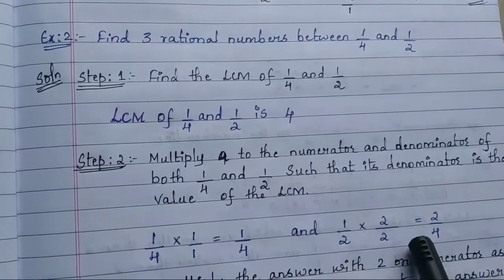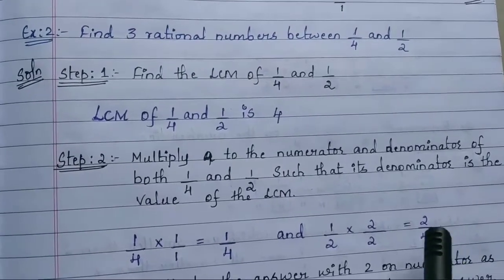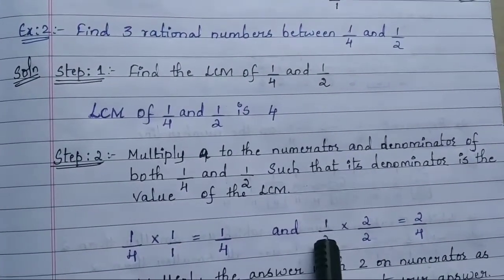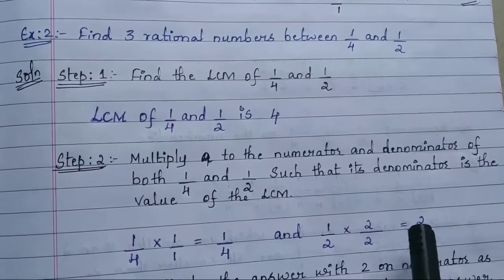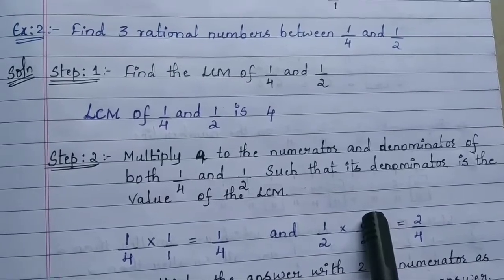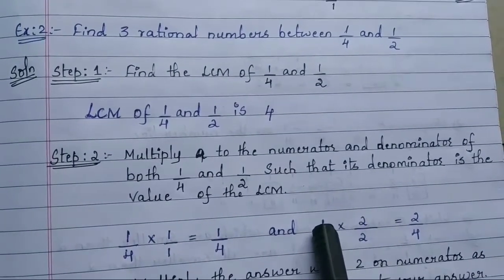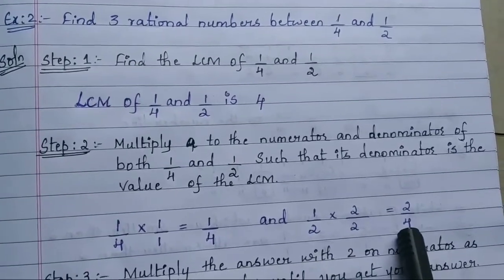Here we need the denominator as 4. So when you multiply 2 to this denominator, we get 4. Similarly, you have to multiply 2 to the numerator also. So 1 into 2 is 2, and 2 into 2 is 4.